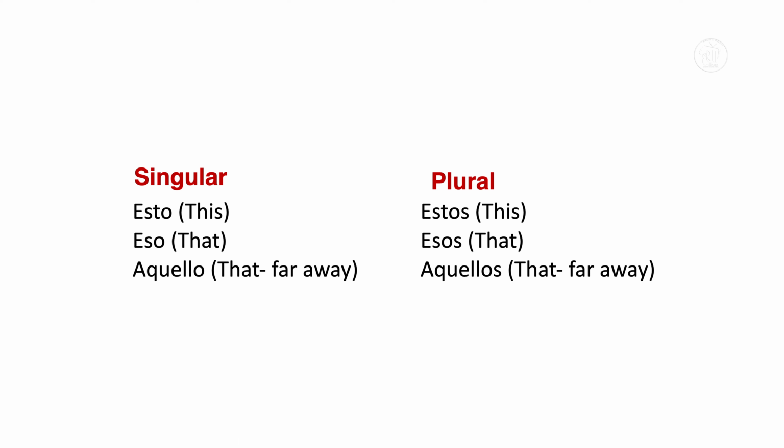Now, remember those neutral gender options that I mentioned earlier? Here they are. So to say this, that, or that is very far away, in the singular form, you could say esto for this, eso for that, and aquello for that is far away.